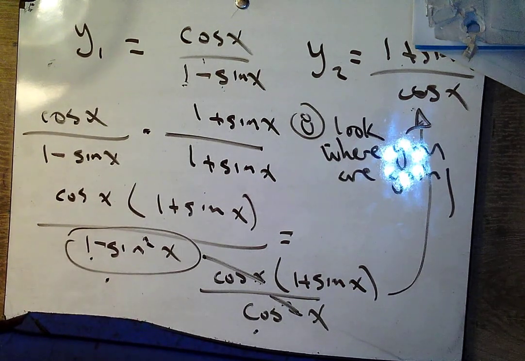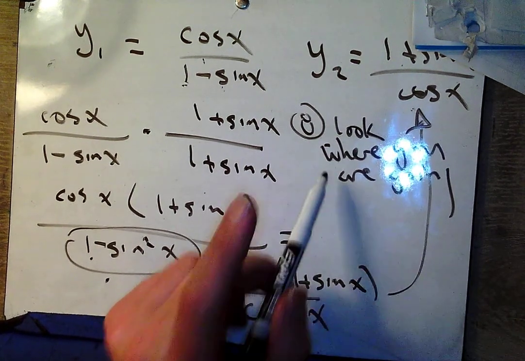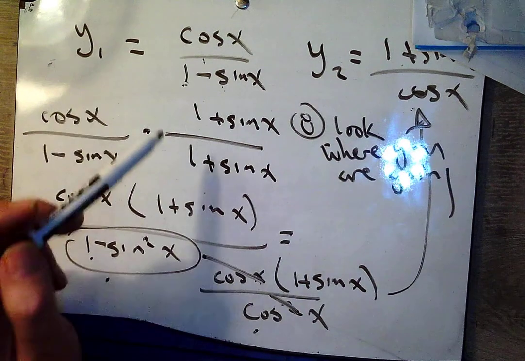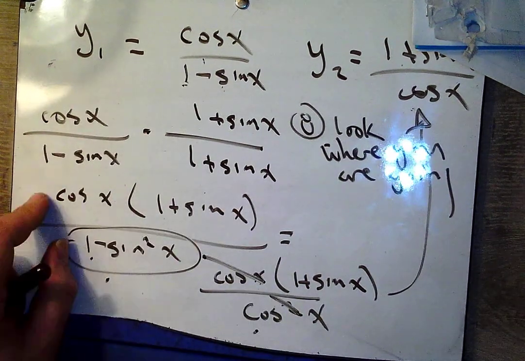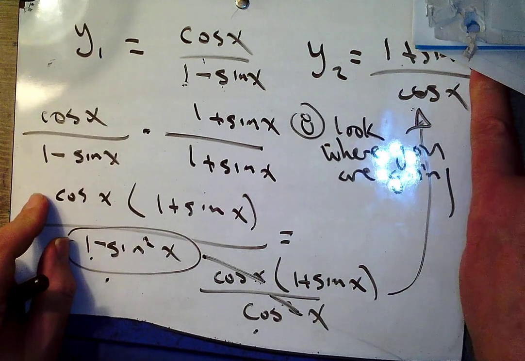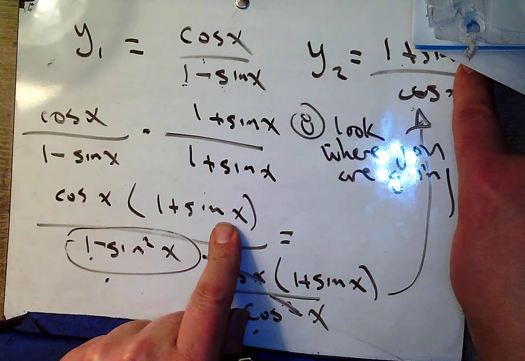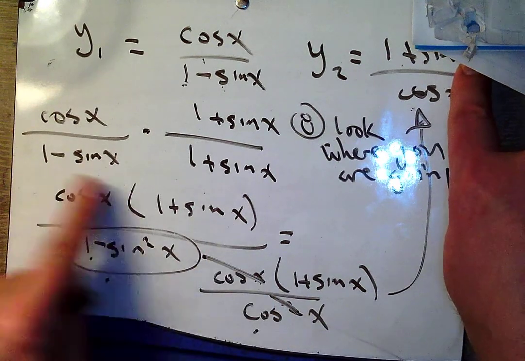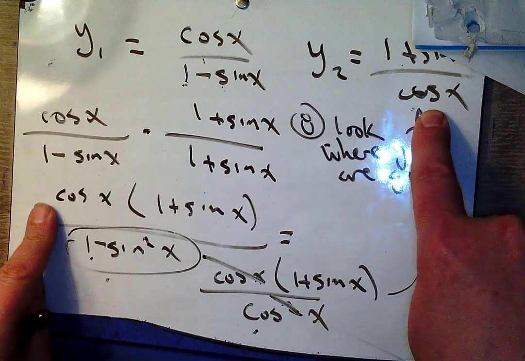Oh, okay. Yeah, when you get stuck, look where you're going and say to yourself, hey, I'm stuck here. Is there any way I can get from here closer to here? Oh, look, I have a 1 plus sine. So that means that something's going to happen with this stuff to turn it just into cosine.